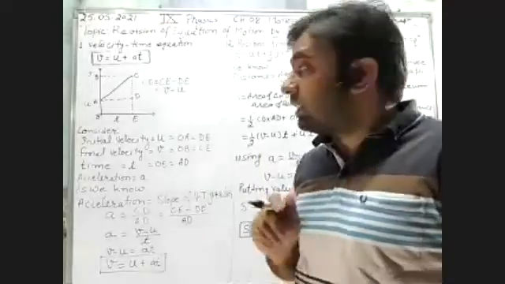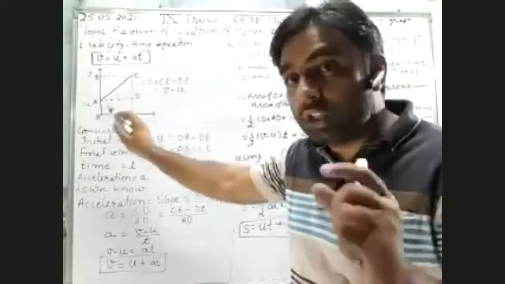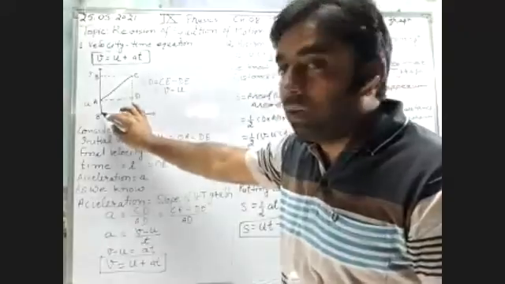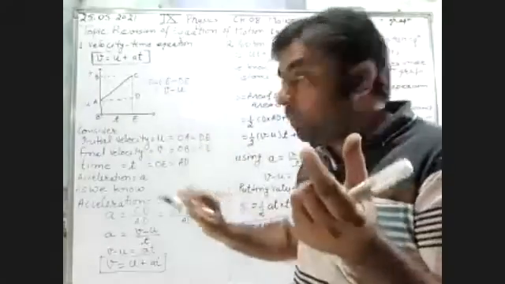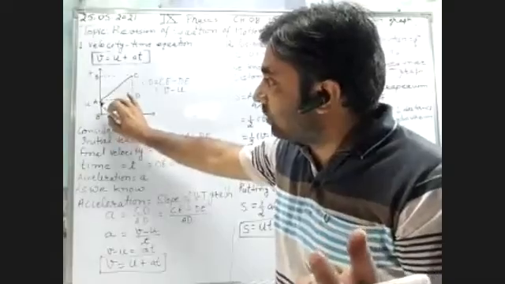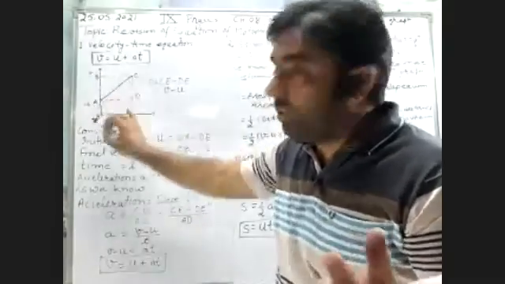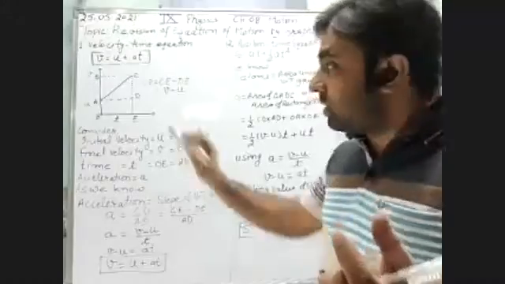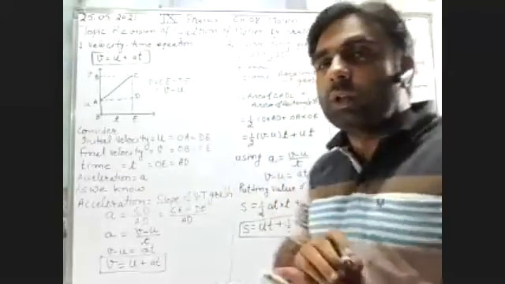The first was when the object has initial velocity 0, and the graph starts from the origin. If the object is moving with some initial velocity, the graph starts at some point A on the velocity axis. We discussed this during the velocity time graph.